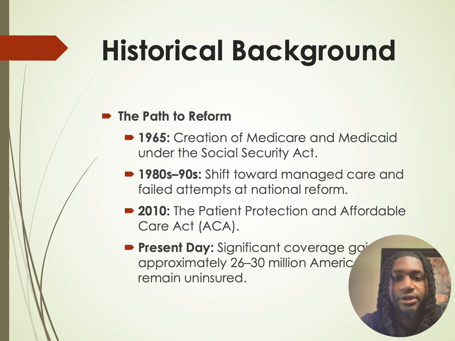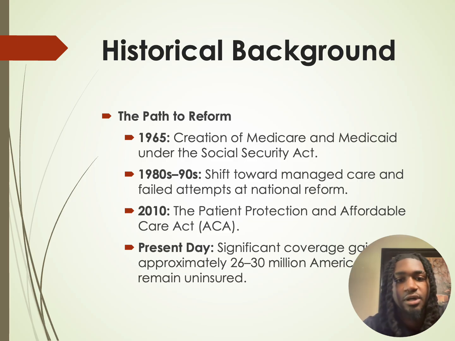In their 10-year retrospective, the ACA introduced mandates and subsidies that successfully expanded the insurance market to millions who were previously excluded. However, despite these efforts, the U.S. remains an outlier among developed nations.